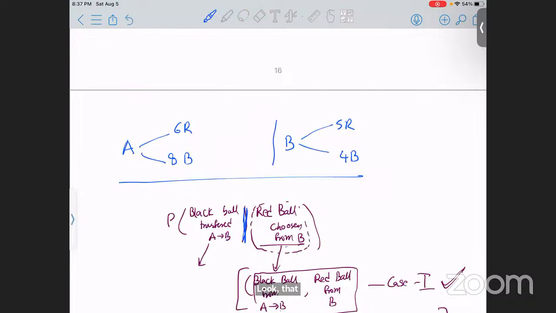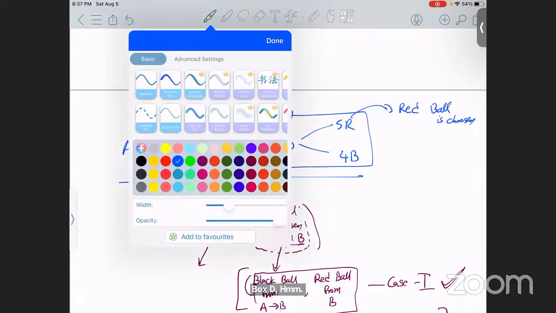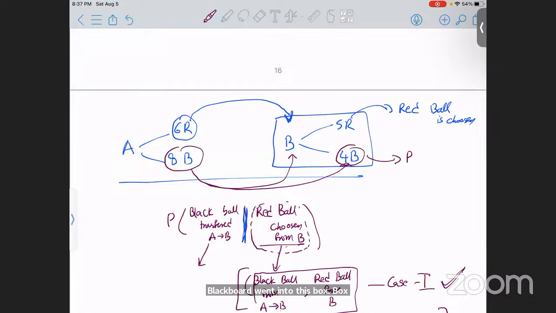A red ball is chosen from B. There are two cases. One, a red ball can go to box B and a red ball is chosen. The other case is a black ball went into box B and a red ball is chosen. Okay, agree?